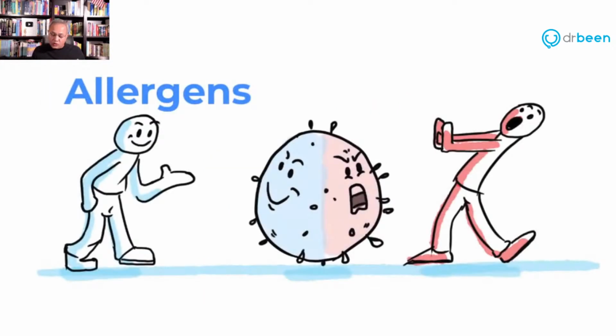Second, what is an allergen? So if you see here, this is a substance in the middle. This may be pollen, this may be part of a drug, this may be part of our food. This is some tiny particle.